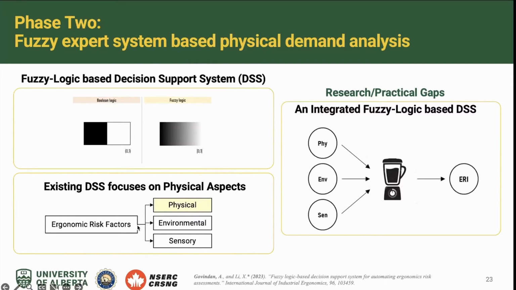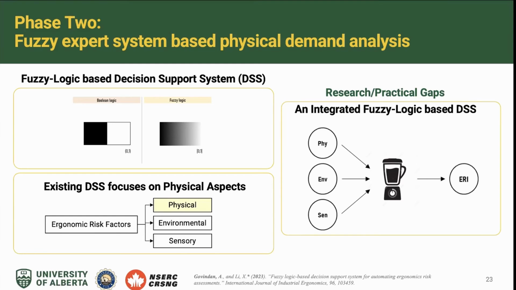So what we do, with the support of a fuzzy expert system, is blend all the factors together to come up with one indicator. This one indicator can prioritize which workplace would be exposed to the highest risk, and that should be the priority for us to try to solve, right?